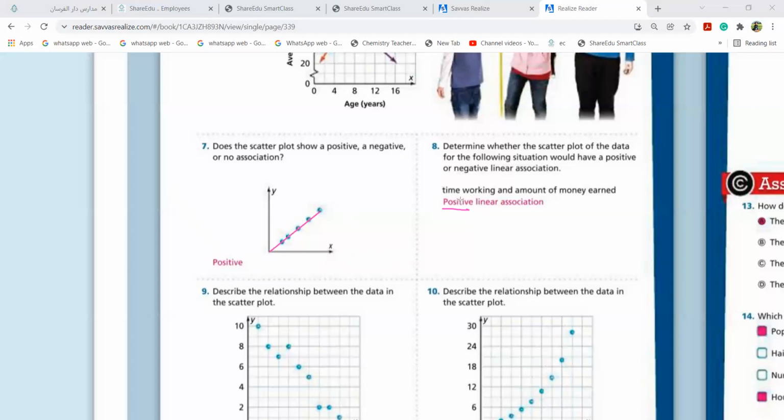It is positive because the trend line has all those plots. It is linear because it is a straight line, and of course association. Positive, linear association. Question number 8, please write down positive, linear association.